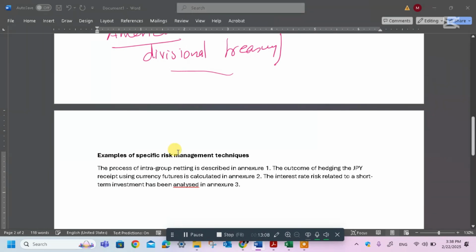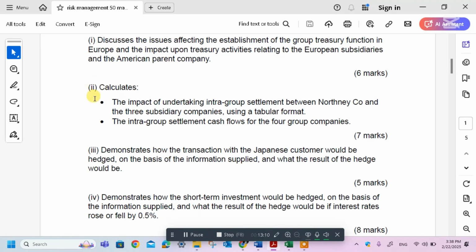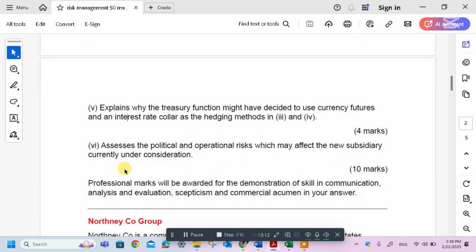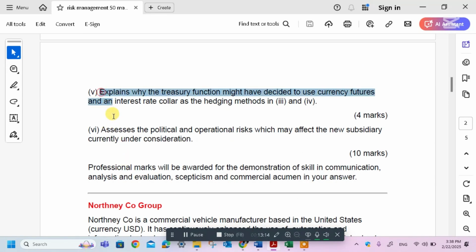Done. So just briefly I am mentioning what and what. So that covers 2, 3, 4 finished. Now 5. These 2 we had to explain. 5: explain why the treasury function might have decided to use the currency futures and interest rate collar.